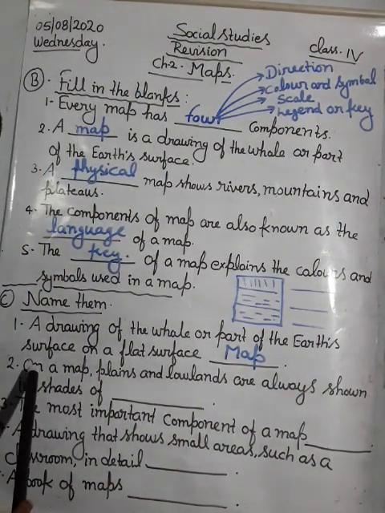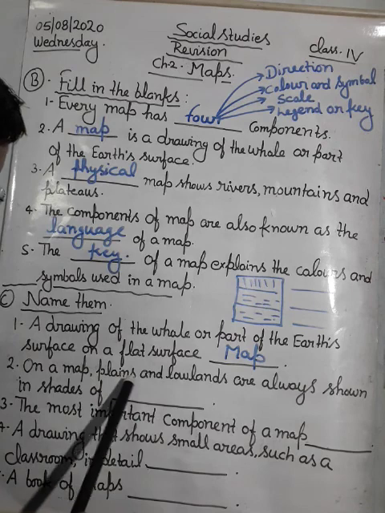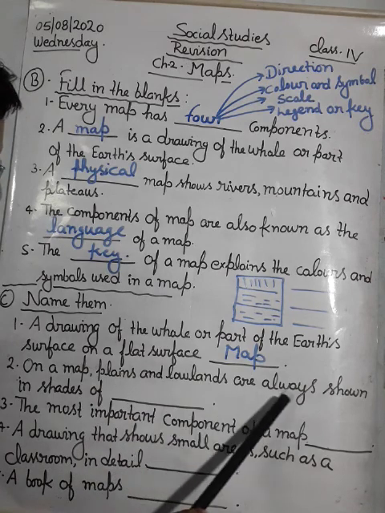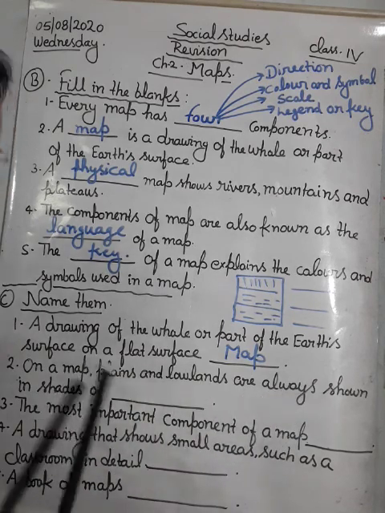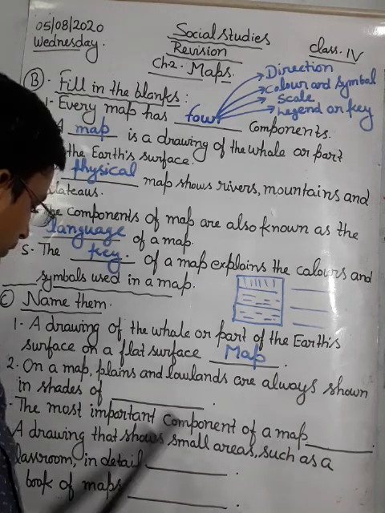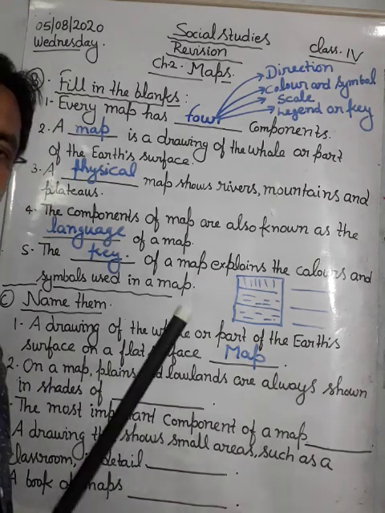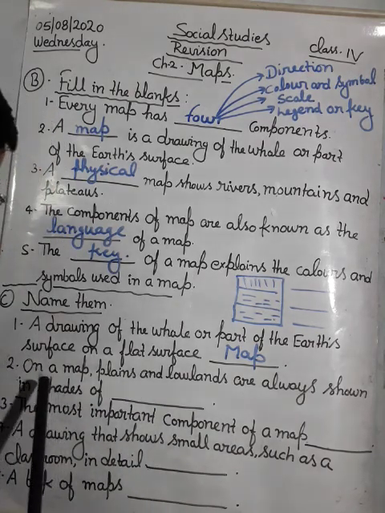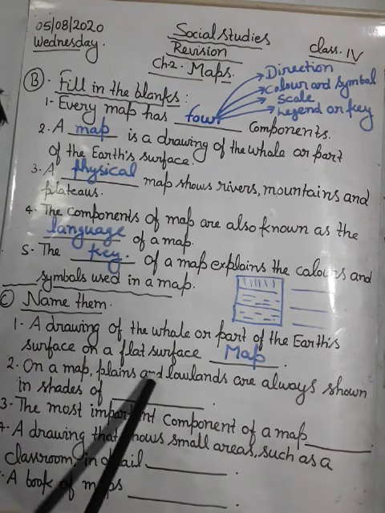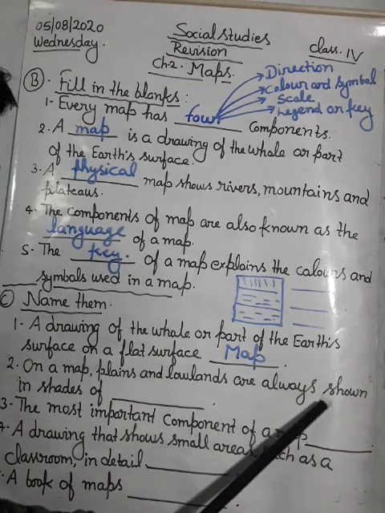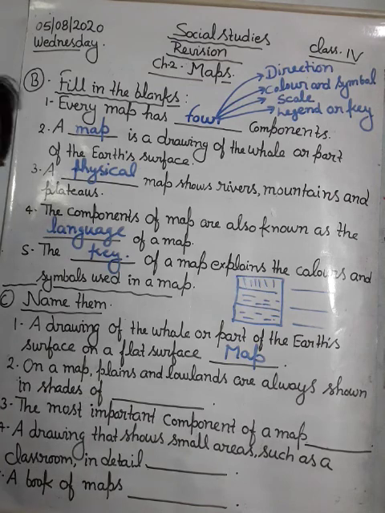Next one is, on a map, plains and lowlands are always shown in shades of dash. Can you tell me? Try to give the answer. Which shades?